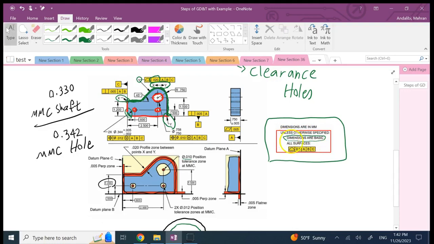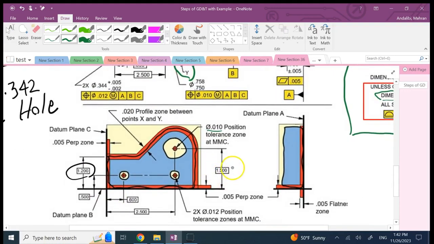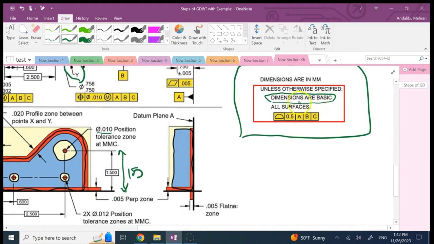When you say that, then you don't even need to put this 1.5 in a box. If you simply said this guy is 1.5, and you did not even put it in a box, it's absolutely fine, because here you mentioned that they are basic, and then you say any surface that I did not mention, they all follow a profile with respect to ABC with 0.5.